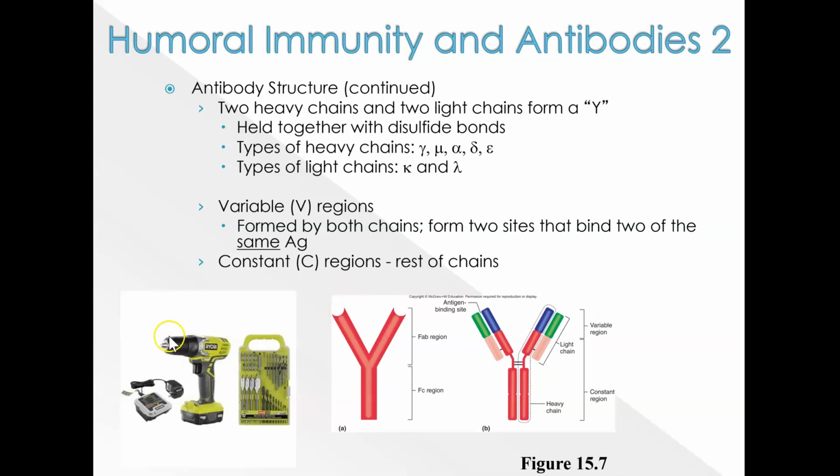You think about a drill bit, it has all of these different combinations that you could put on one end to make it recognize different screws or different nuts or bolts or whatever they are called. But the other end, the Fc end, always stays the same, right? And basically serves the same function. It's where you hold it and where you charge it and so on. And so that's kind of what antibodies are like.